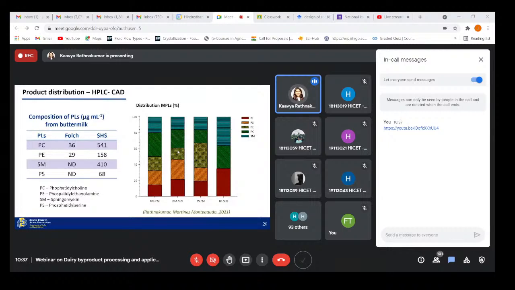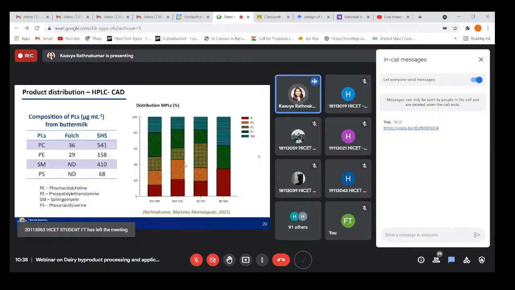This is a composition of buttermilk and the individual phospholipids which are present, and we were able to see the presence of individual phospholipids clearly outweighed in the switchable and Folch extraction methods, and the switchable solvents had a higher concentration of phospholipids at all levels. And this is a distribution graph of all these phospholipids.